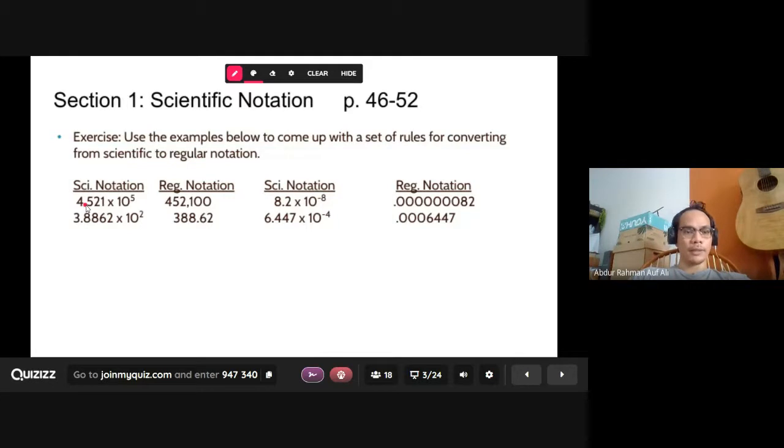Kalau nak kembangkan dia perlu gerak ke kanan. Okay, itu basically scientific notation. Okay, so kalau kamu nampak any values yang depannya hanya ada satu integer dekat depan 6.447. So contohnya for this value and ada darab 10 kuasa whatever dekat belakang, itu adalah values dalam bentuk scientific notation.